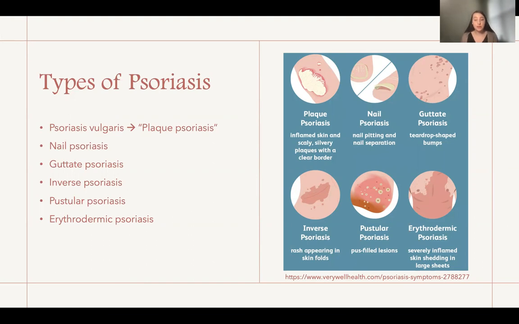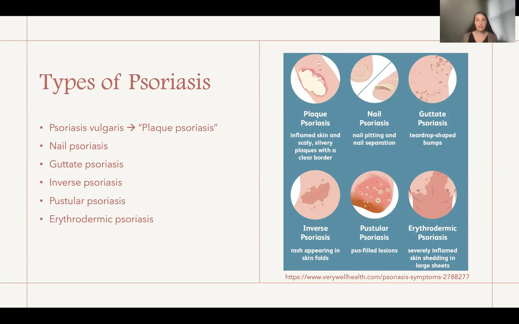Another type is nail psoriasis, which includes pitting and separation of the nail, along with streaks on the nail. Guttate psoriasis is another type in which there are teardrop-shaped bumps found all over the skin instead of just in a concentrated area like other types of psoriasis.